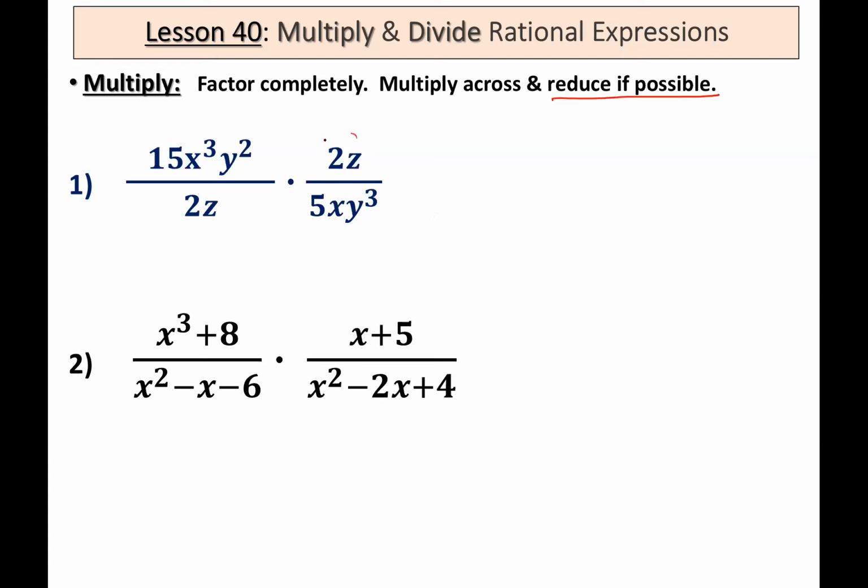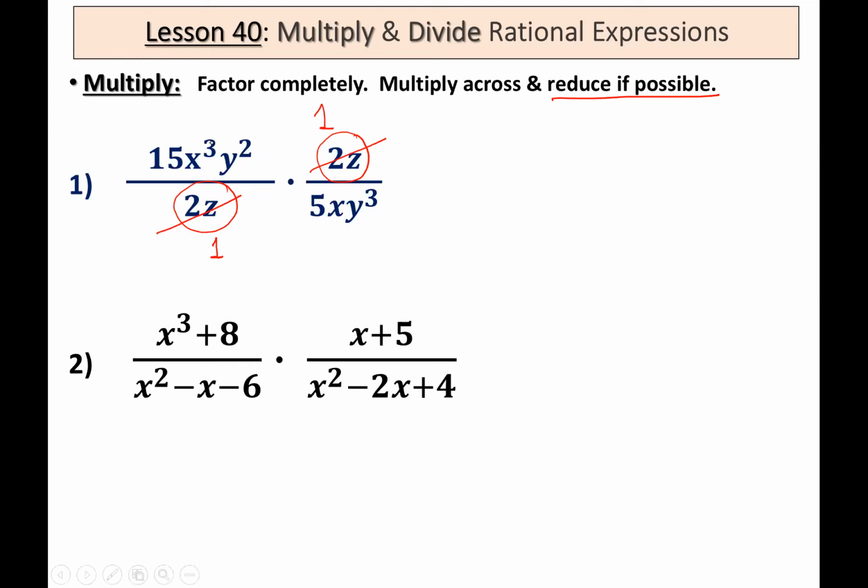So this 2z in the numerator in the second fraction can actually cancel out with the 2z in the denominator of the first fraction, because anything divided by itself is just equal to 1. So I'm just going to go ahead and cross those out. I'm going to write a 1 in their place just in case. If we end up crossing everything out, we need to know that there's a 1 in the numerator or a 1 in the denominator.